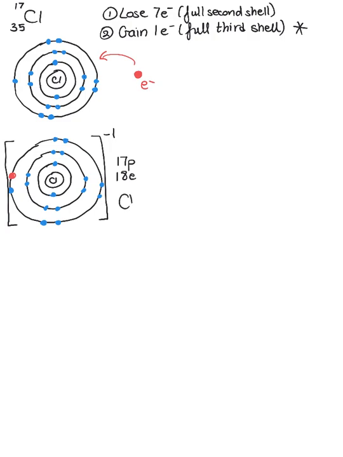And this is our chlorine ion. And we would draw it as Cl negative 1 to show that we no longer are dealing with a neutral chlorine atom. We are dealing with the chlorine ion that has a negative 1 charge.